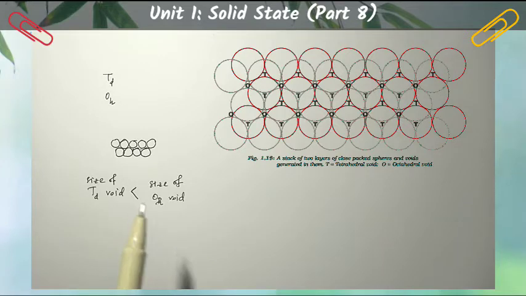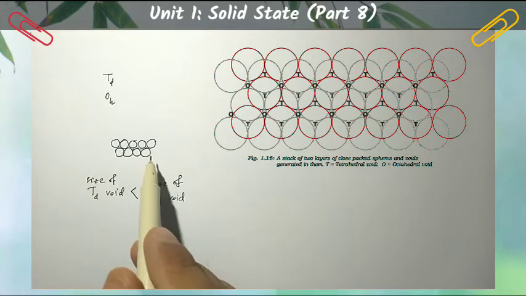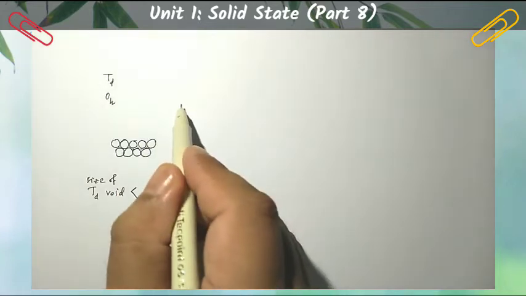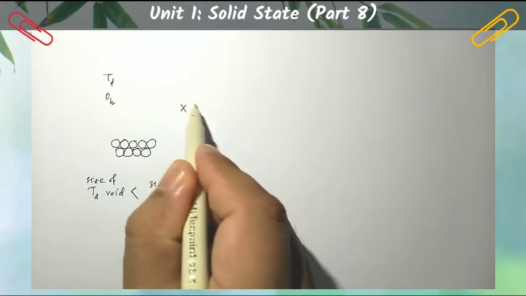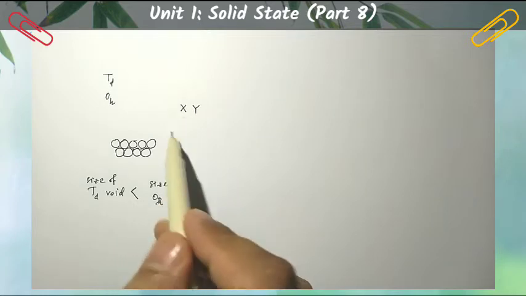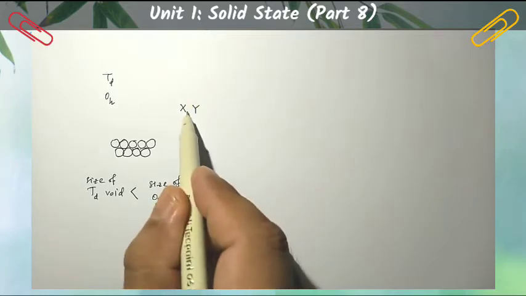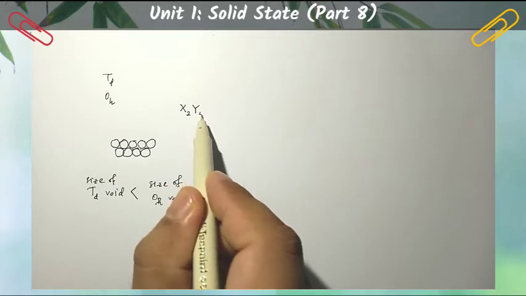Always remember that all the voids may or may not be occupied by the cations, and this depends upon the formula of the compound. Let's suppose the formula of the ionic compound is XY. Suppose there are only 2 cations here and 5 anions there.